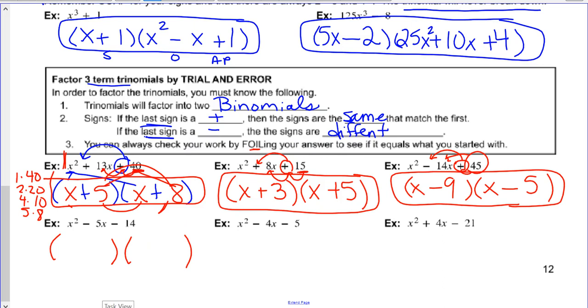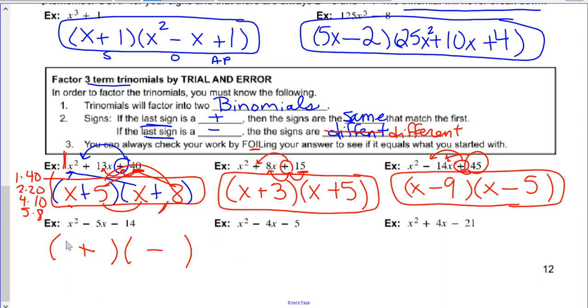And I just realized I can't spell different. So change that. Sorry. Different. How's that? That's better. All right, so last sign is a minus, so they have to be different. So I'm going to put a plus here and a minus there. Again, doesn't matter which one that you do and where.